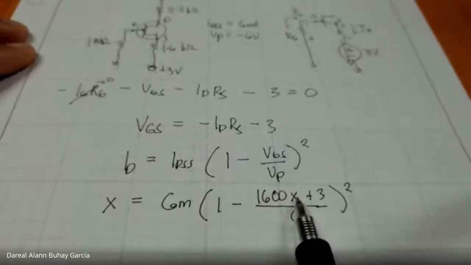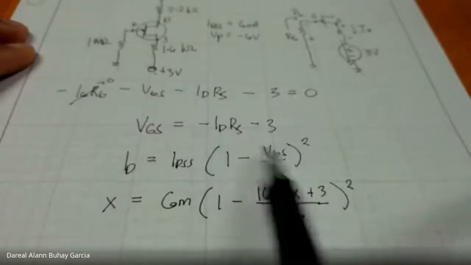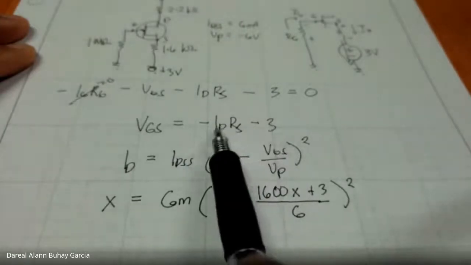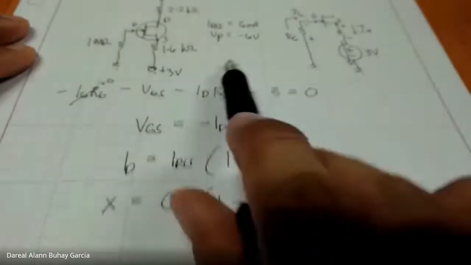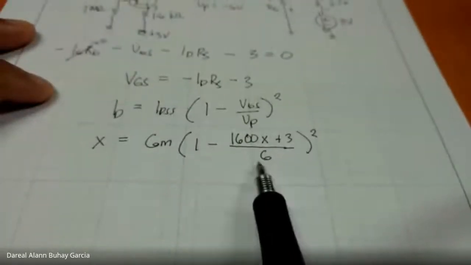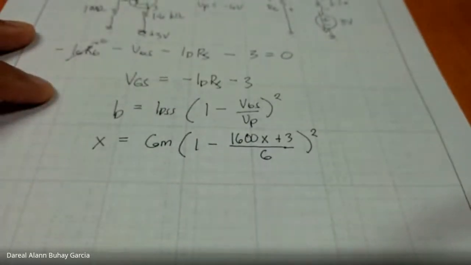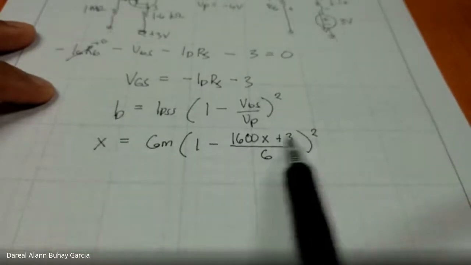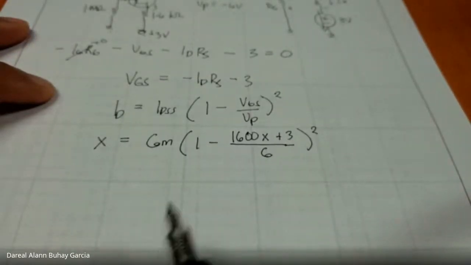So, si X muna si ID. RS is 1,600. Cancel ang mga negative symbol niya para mawala ko lang negative ni VP. Wala nga ning gawa sa atong Shockley equation. Pwede ka po mag-shift solve dire para ito mo compare. So, it's better nga i-expand gid ninyo ni siya.